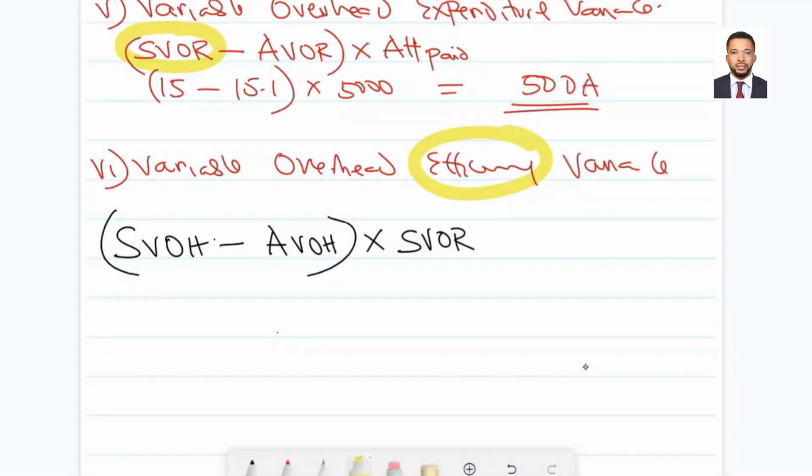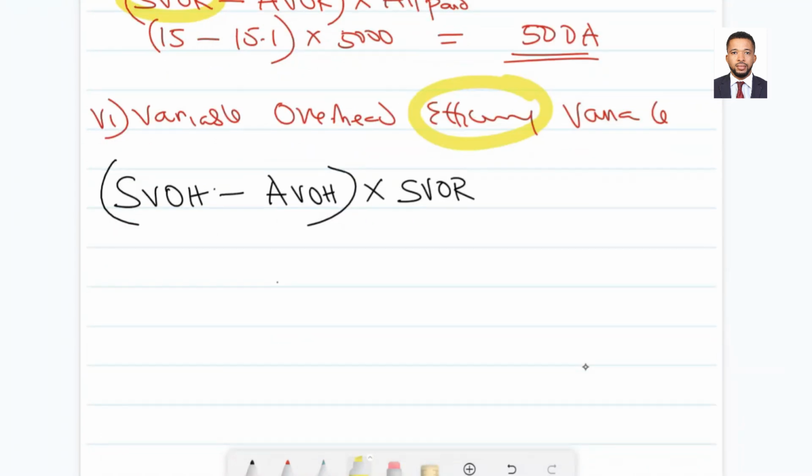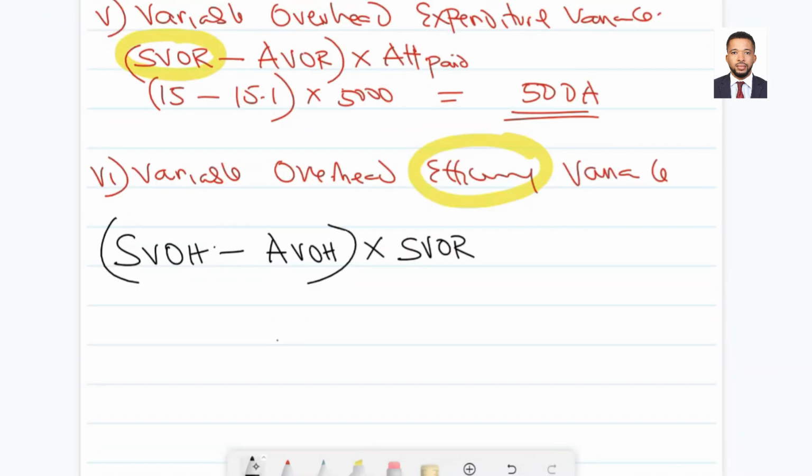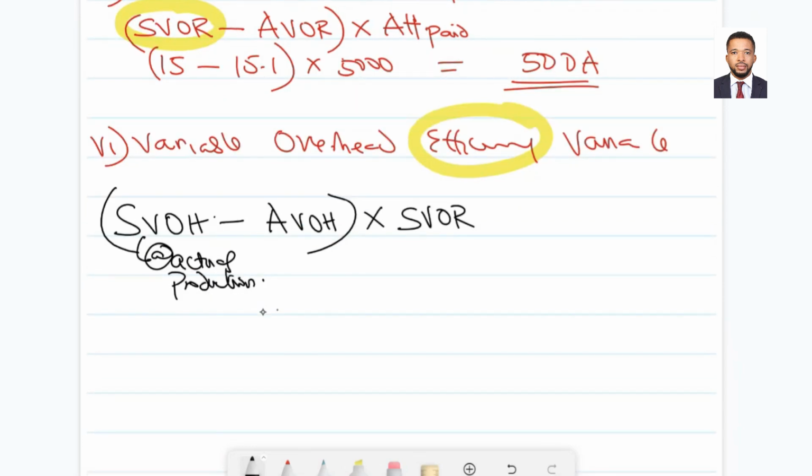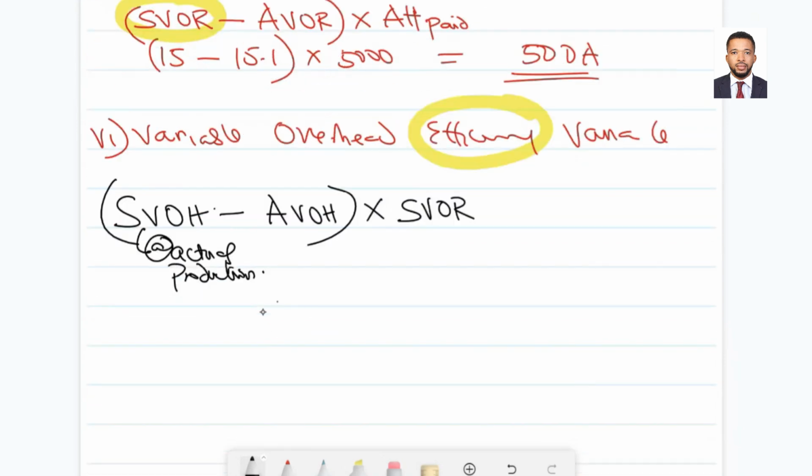Okay. All right. So let's get these figures in quickly. What do we have? Standard variable overhead hour. Remember, when you hear standard overhead hour, it must be at actual production. How much is it budgeted?